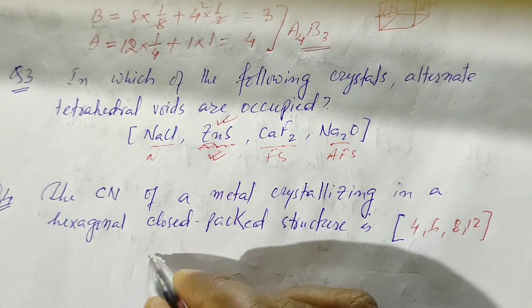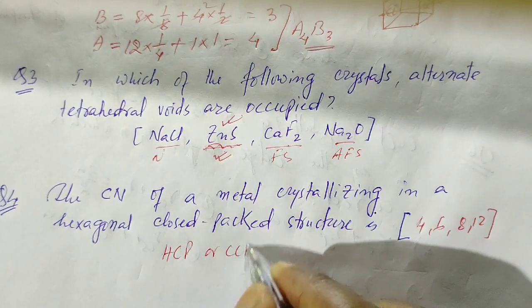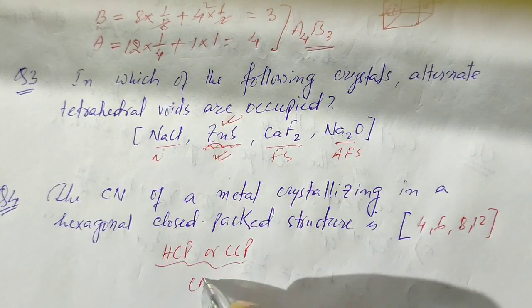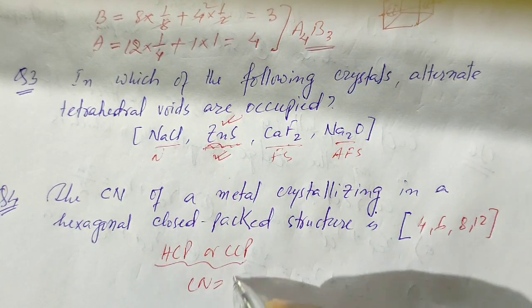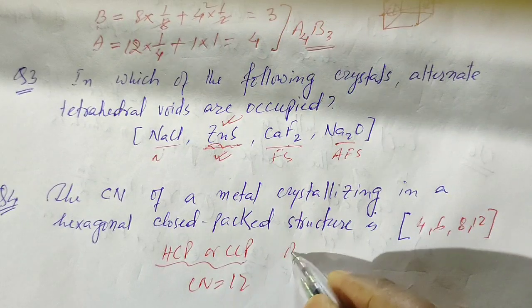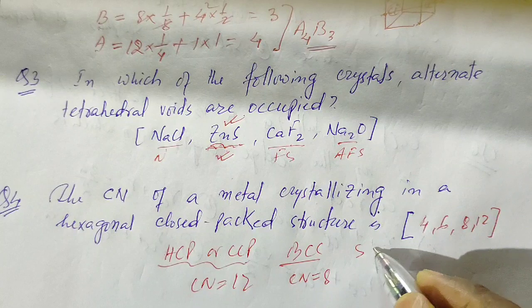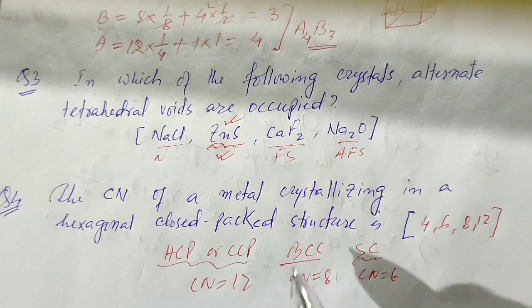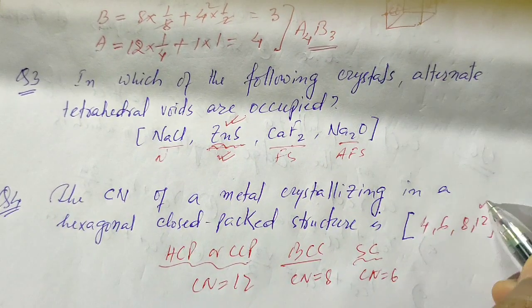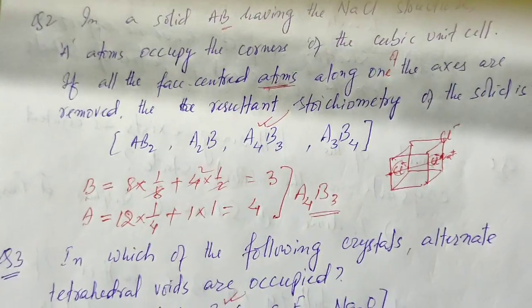In fact, in case of HCP, which is hexagonal close pack, or CCP, the coordination number of an atom in this structure is 12, and in BCC structure the coordination number is 8, and in simple cubic the coordination number is 6. Remember these numbers, and therefore our answer is 12. Okay, in HCP the coordination number is 12. Okay, let us go to the next question.